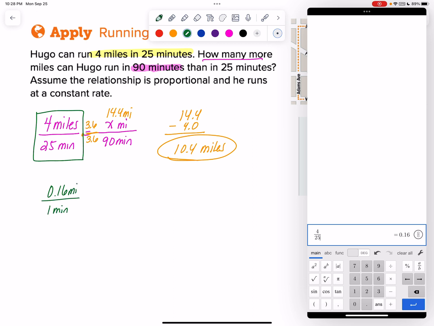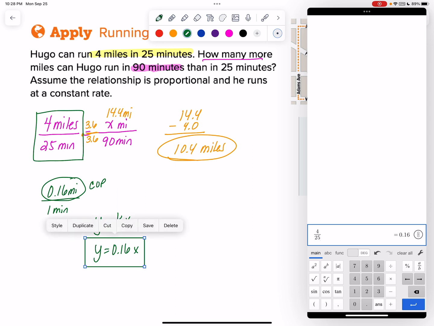And since I know that unit rate, that's the COP, and I can make my equation. y equals k times x, or y equals 0.16 times x. And now I can use this equation to answer any questions I need.